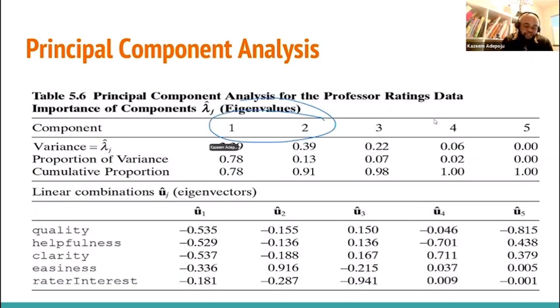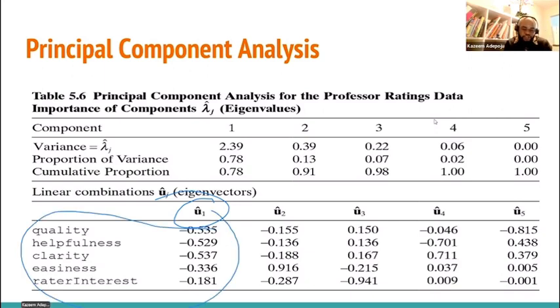Now, the next thing is I need the eigenvectors that correspond to each eigenvalue. If you take a look at this, that is the first principal component. The first principal component has all the old variables. The second principal component also has all the old variables.